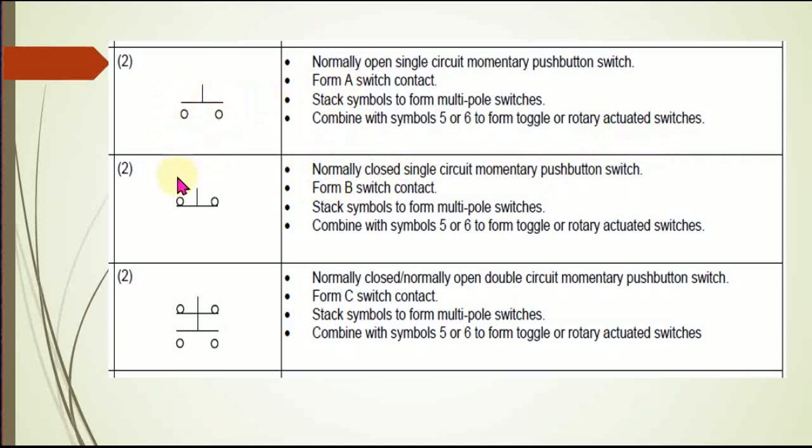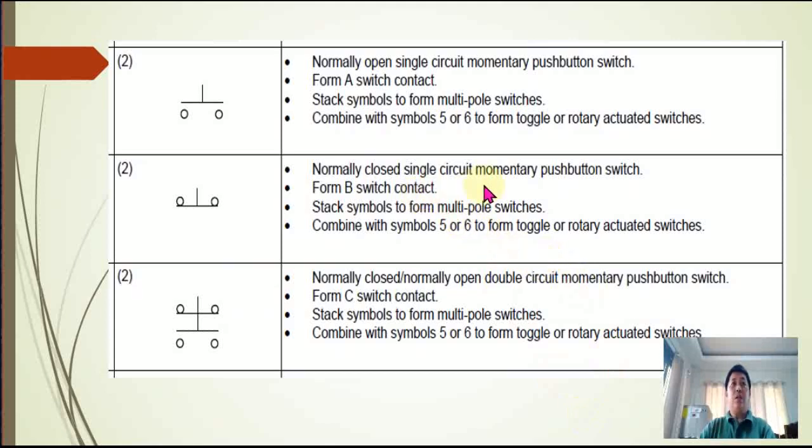As you can distinguish here, the normally closed and normally open contacts, you can see the difference. Normally closed single circuit, momentary push button switch, Form B switch contact. Stack symbols to form multi-pole switches. Combine with symbols 5 or 6 to form toggle or rotary actuated switches.